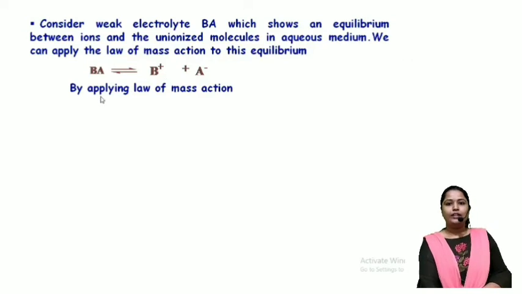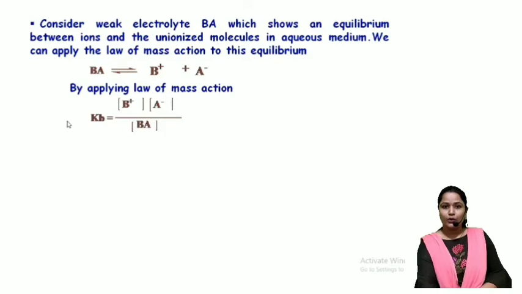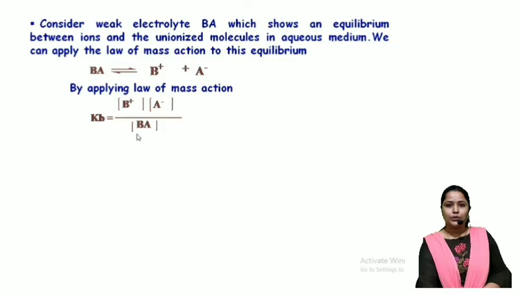If we apply the law of mass action, then we get a dissociation constant Kb, which is equal to the product of the molar concentrations of B+ and A- ions divided by the molar concentration of BA, where Kb is the dissociation constant.